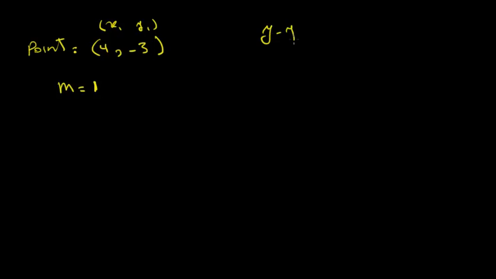Next example. A line passes through the point 4 and minus 3, and also has a slope of 1, m equals 1. Find the equation in point-slope form. So we know that our x1 and y1 is given to us and also the slope. So we write our equation y minus y1 equals m times x minus x1. Let's plug in the numbers.